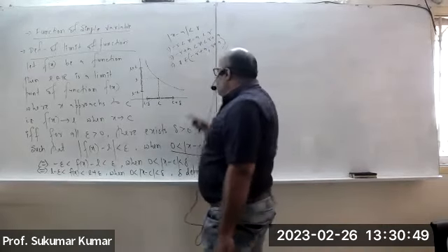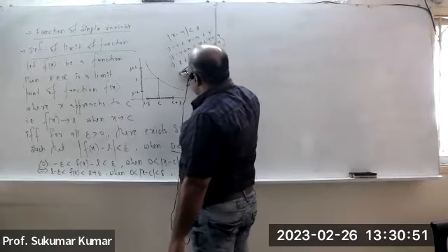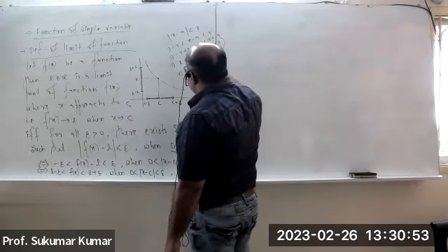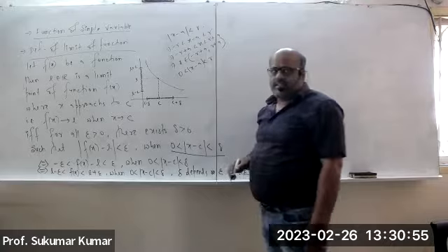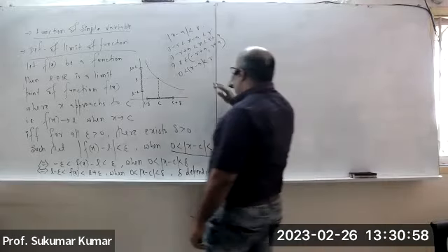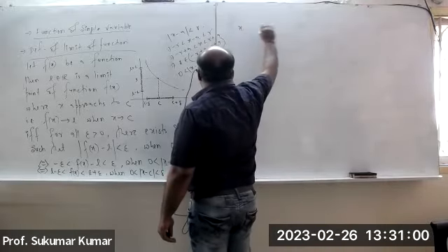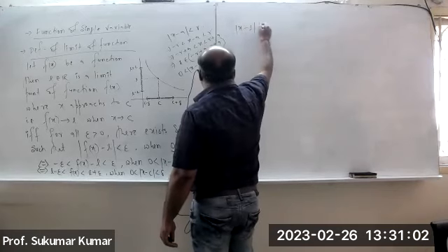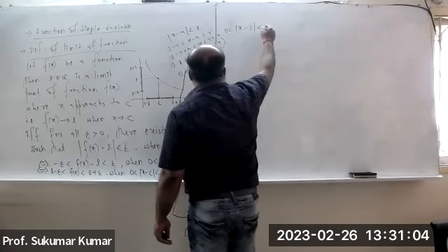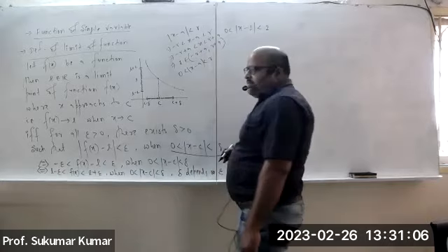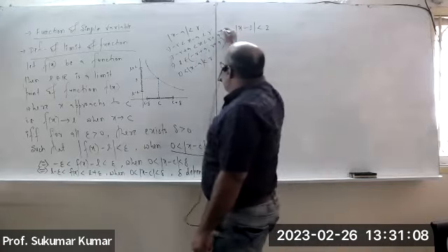But in this notation they are giving 0. So what does this 0 mean? That we will see. Suppose I am giving 0 < |x - 1| < 2.